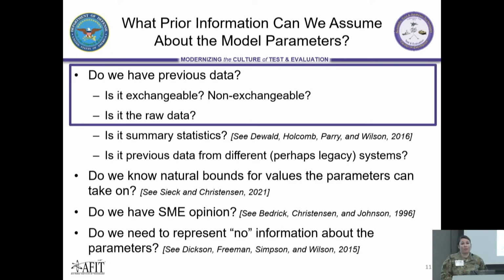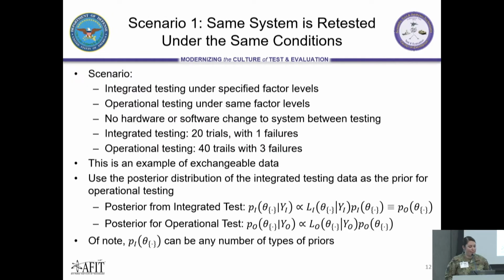Today, we're going to focus on what happens when I have previous raw data and it's not the same, or it is the same relative to the system we're using today. So the first scenario I'd like you to consider is a very baseline scenario. This is going to be like the ideal case of thinking about how priors get updated. And the scenario would be, say you're under integrated testing and you've tested under specific factors and levels for the computer example.